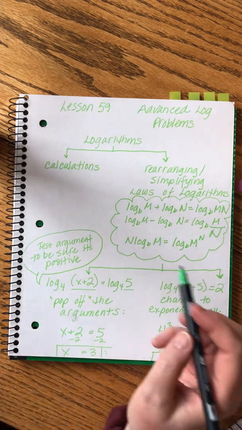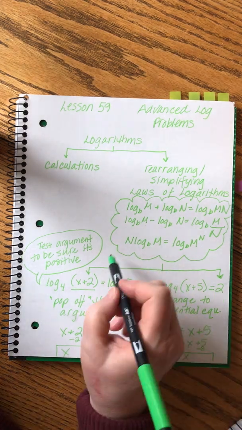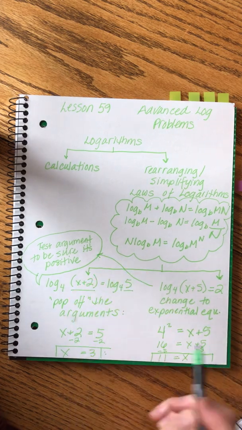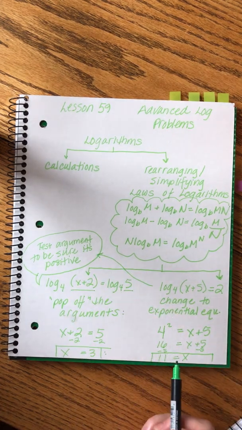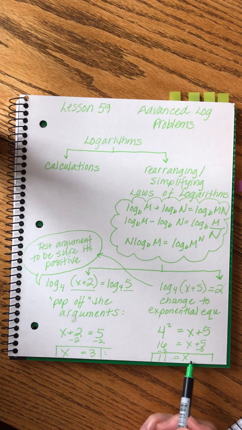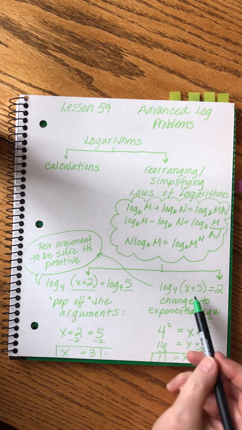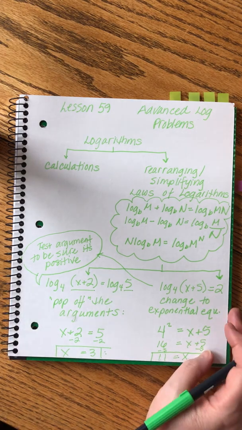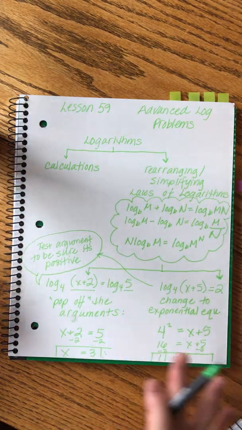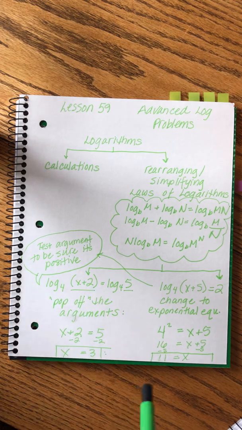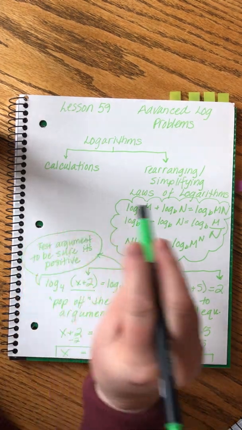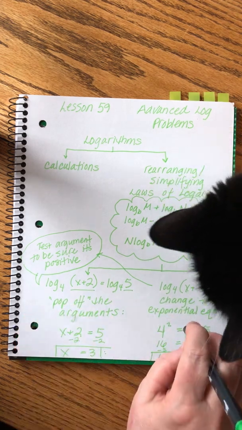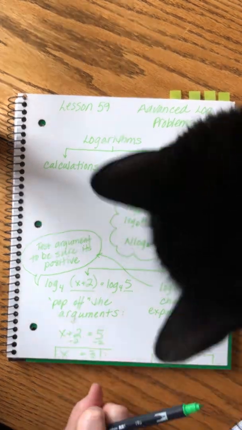Again, for this style as well, we have to test the argument to be sure it's positive after we do the calculation. So we take the 11 and go 11 plus 5, 16. That's a positive number, yay. Okay, so this whole picture helps us see the different types of problems. And like I said, today we're going to be working on clarifying the difference between these two.